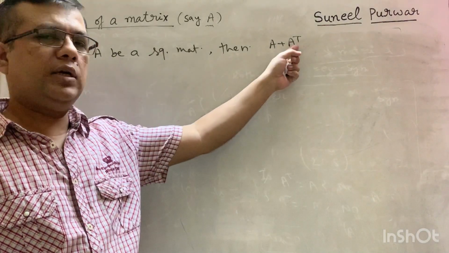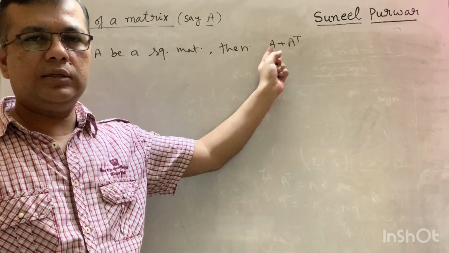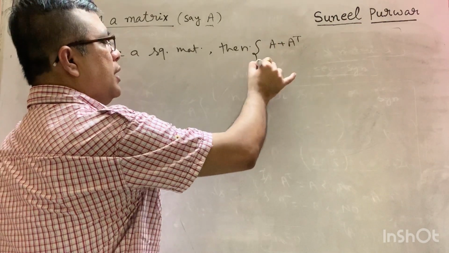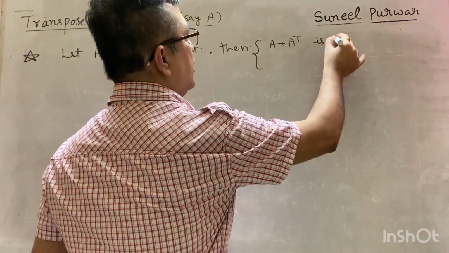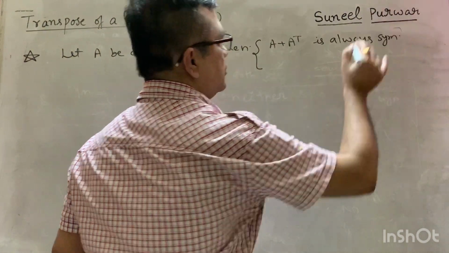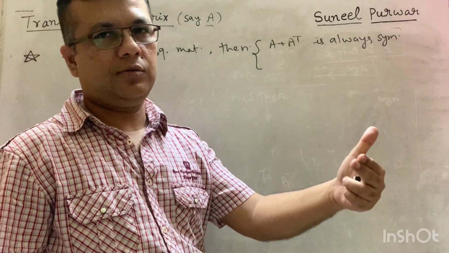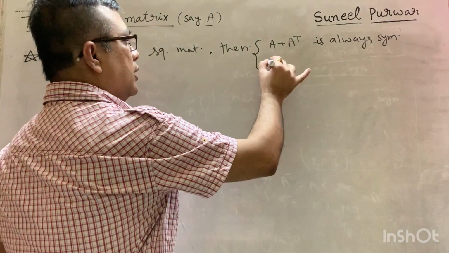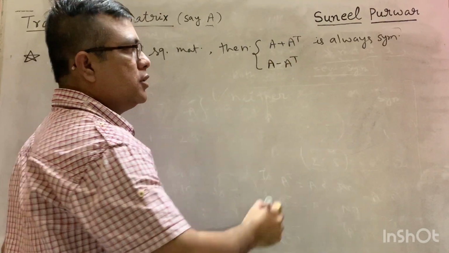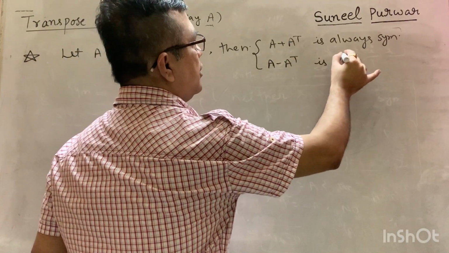So ट्रांसपोज का भी साइज क्या होगा 3/3, दोनों का साइज सेम है, ऐड कर सकते हैं. So the point here is A plus A transpose is always a symmetric matrix. On the other hand, A minus A transpose is always skew symmetric.